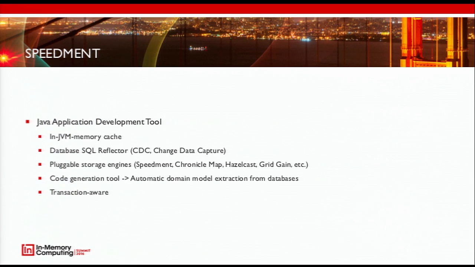We have something called a SQL Reflector that captures data in the database, and it can propagate that change to our own cache, but we can also use Chronicle Map, Hazelcast, or GridGain, or whatever is out there, so it's kind of vendor agnostic. There's a code generation tool, so it can derive the entire domain model from the existing database. So we just connect to the database, and you get all the code generated, and you can start using it directly. And it's transaction aware.